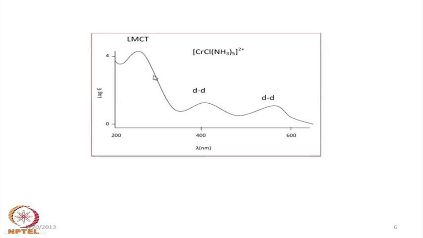So, theoretically we can predict these particular d-d transitions from some of these diagrams. Basically we will talk about the corresponding coupling scheme and the corresponding diagrams which have a special name, and theoretically we can find out the corresponding transitions.